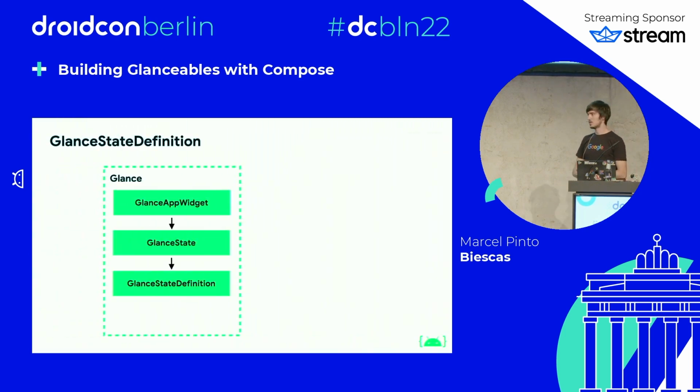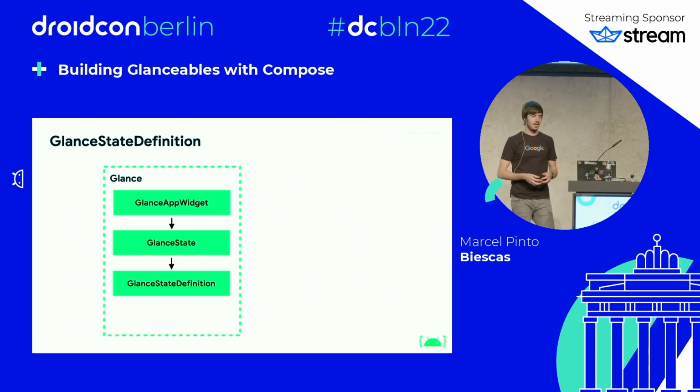All right. So now that we have taken a look at the quick UI example, let's go into a more complex mechanism that is the state. At the beginning, you remember I was telling you that we can get the current state of the associated widget. This is the concept of Glance, where every single Glance app widget will have a state.